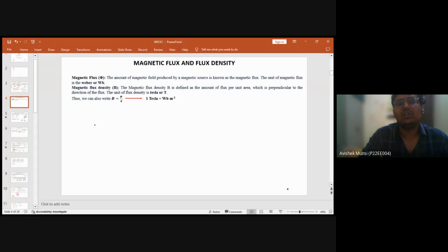So in this case, magnetic flux density means the flux present per unit area. The unit of which is Tesla. So 1 Tesla is equivalent to Weber per meter square. These are the fundamental things. I'm just revising them so that you are able to know the fundamentals to do the problems of machines. Okay.